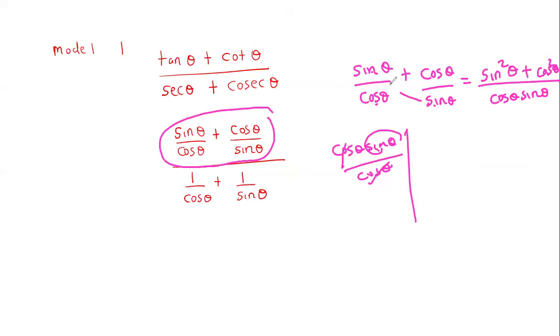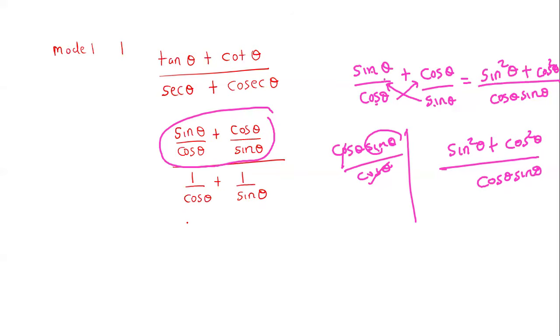Alternatively, someone can just cross multiply. Sine times sine is sine squared theta, plus cos times cos is cos squared of theta, then everything over cos theta sine of theta. So that is what I'm going to write up here.